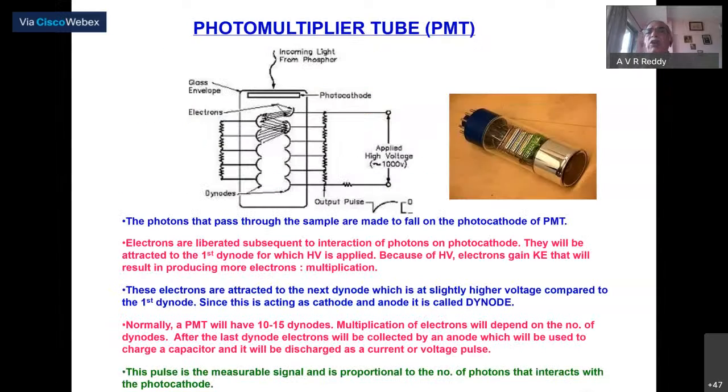So what is a photomultiplier tube? By name, it is photon multiplication, and it is in a tube structure. How is it? A de-exciting photon will fall on the photocathode. It is hermetically sealed, and the electron that is emitted is projected onto a metal plate, which is in a curved shape with a big aperture.